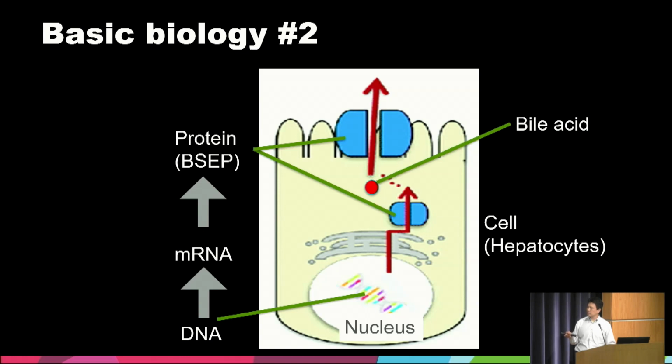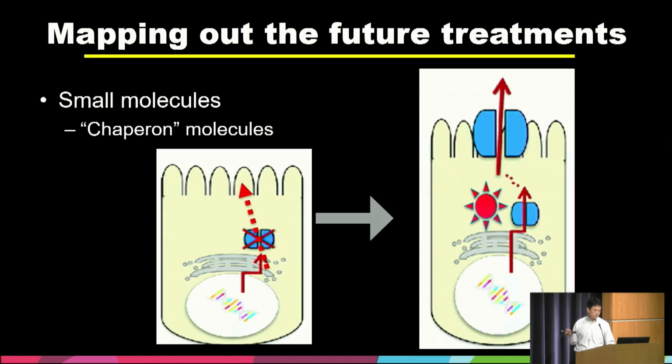Even after the protein is made, it needs to be navigated to the place where it has to function. So coming back to the small molecules, they have an effect called the chaperone effect. Some of these small molecules chaperone the protein to the surface of the cell, so that the protein can function.